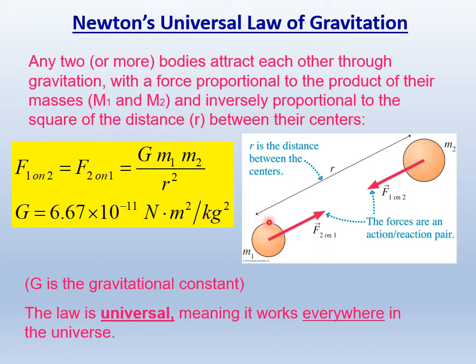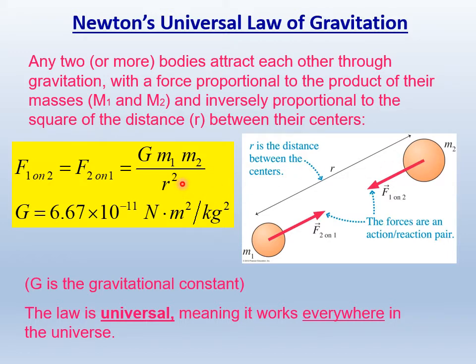In the bottom here, in the denominator, we have r squared. Now, r is the distance between the objects, and specifically, it's the distance between the centers of the objects. So if these were two planets, for example, we would measure r from the center of this planet to the center of the second planet over here, all right? And notice that r is squared.